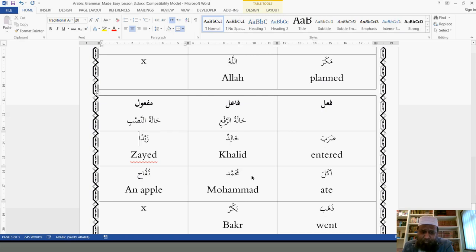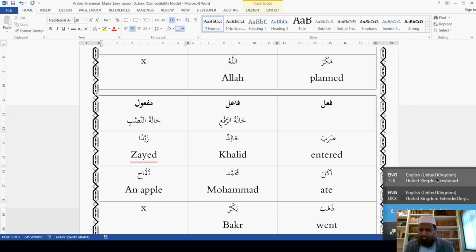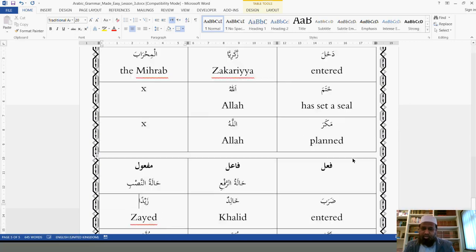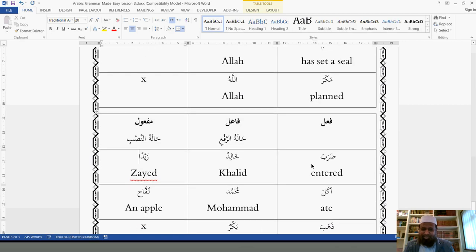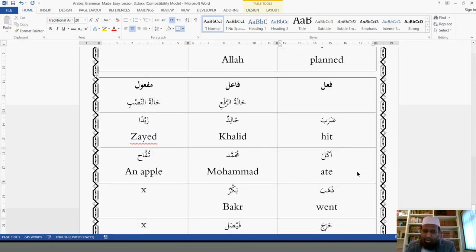Next, Akala Muhammad Tuffah. The word Tuffahun is an apple. Sorry, yes. As I said, just copied from the top and hit paste. Akala, I think we all know, means to eat, past tense ate. Who is the doer? We can see the fa'il is Muhammad. So Muhammad will have dhammatain: Muhammadun.